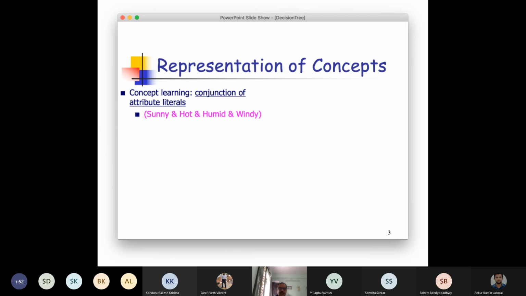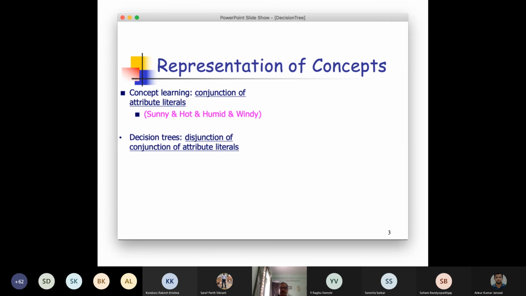So in this way, we have represented a concept, and we have considered certain forms of literals which will take either a single value of an attribute, or all values of the attribute, or none of the values of the attribute. These are the only possible forms of literals in the expressions. And we know that this cannot represent all sorts of target functions in Boolean expressions.